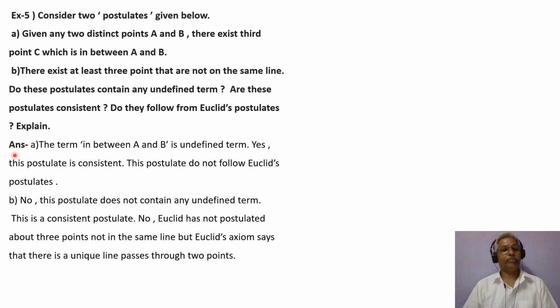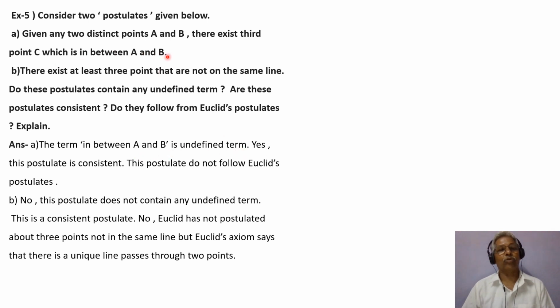Now we will take the answer for the first one. A: given any two distinct points A and B, there exists a third point C which is in between A and B. The first one, do these postulates contain any undefined term? This is the answer here. The term "in between A and B" is an undefined term.